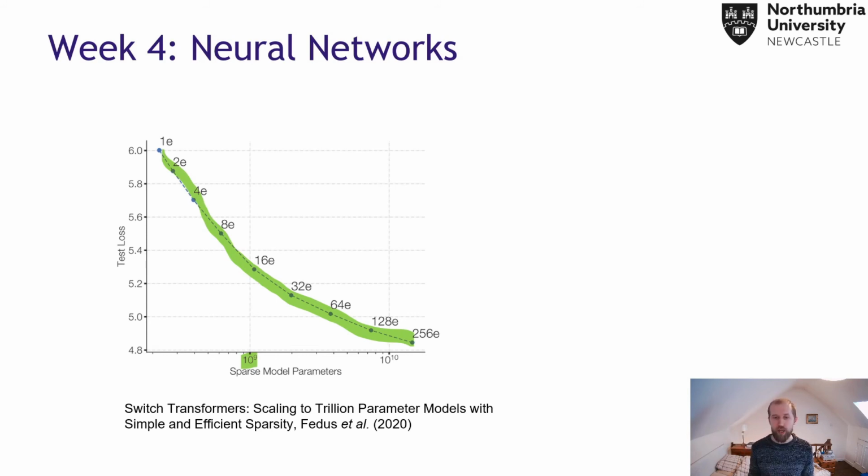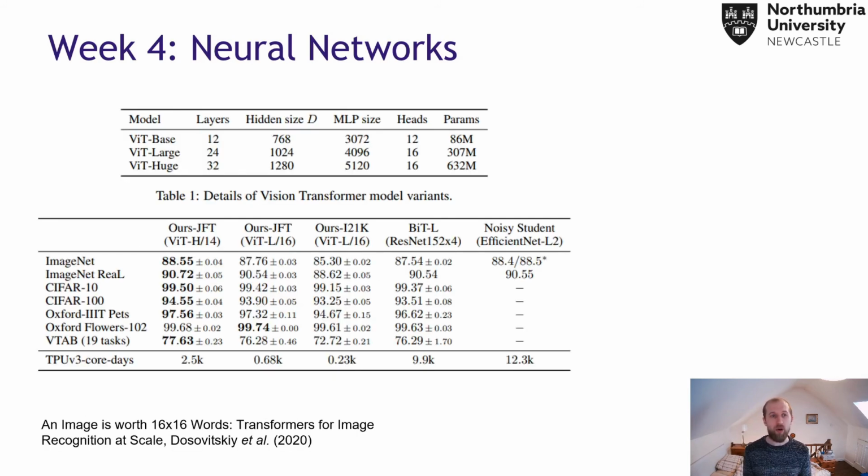There's one big problem with that though, which is how expensive in terms of computation these models are going to be. So I'm going to show you now this state-of-the-art model on ImageNet Classification. So we've come a long way since 2012. We're now using this ViT Huge, which is the current state-of-the-art, using 32 transformer layers.